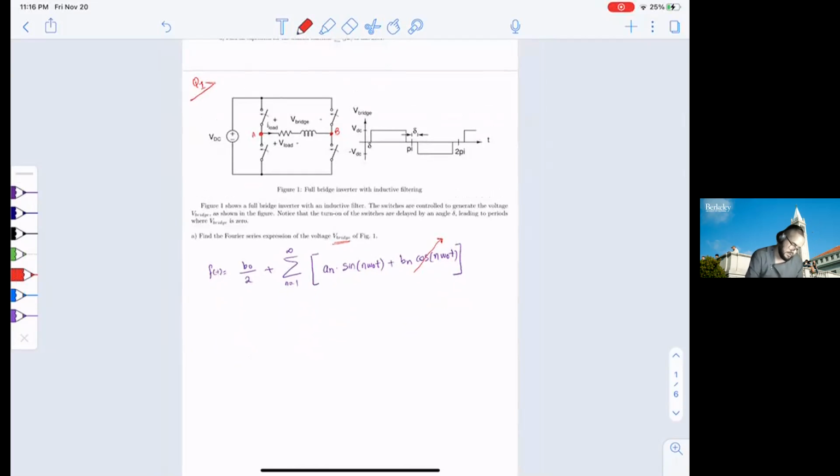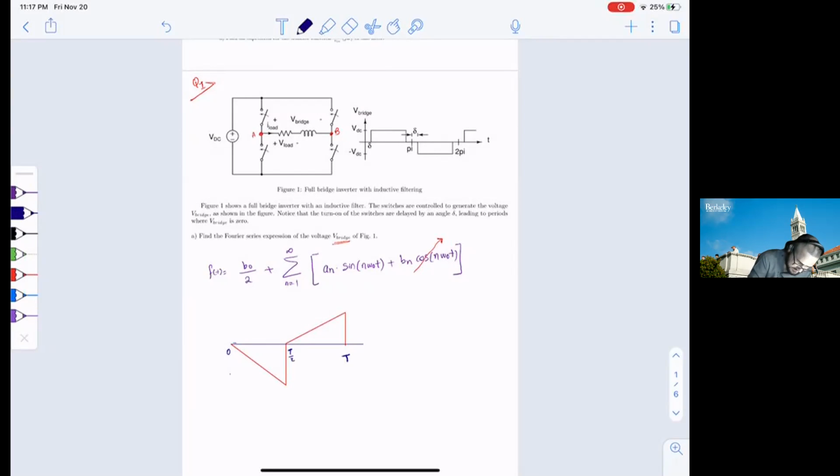So let's see, if I draw a function like this, this is 0, this is T over 2.